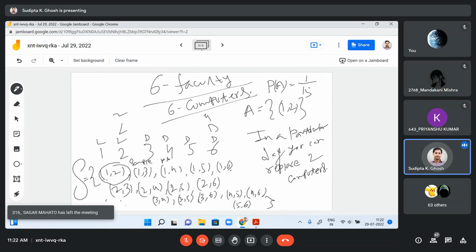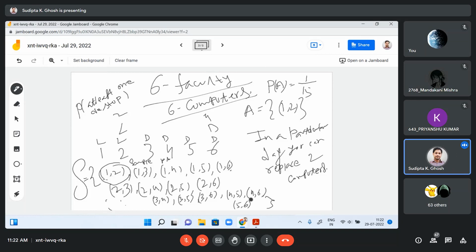When I am searching for part C, the probability of at least one desktop, if I count 1, 2, 3, 4, 5, I am getting 14, so I am writing 14 by 15.